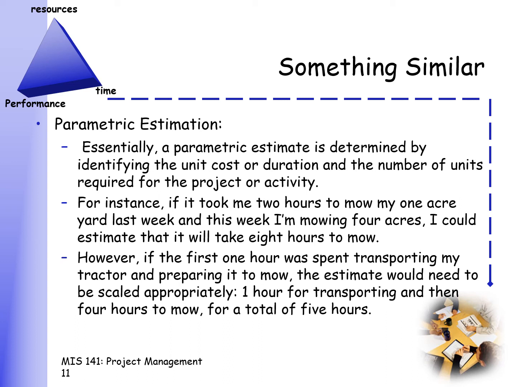Okay, so in a sense, it's like a bottom-up estimation because you go directly to the person responsible and ask them, how long did you take to do a similar activity in the past?